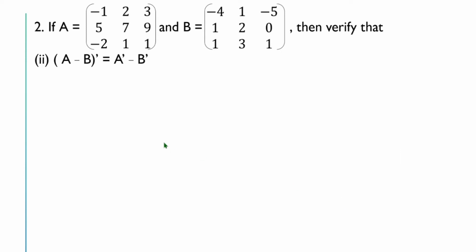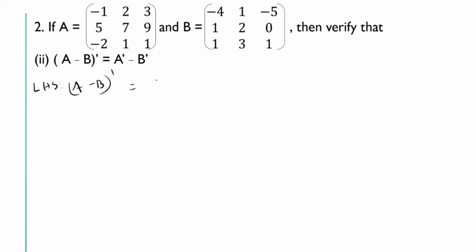The next question, for the same matrices A and B, we have to verify that A minus B the whole transpose is equal to A transpose minus B transpose. So first we will take the left hand side, A minus B the whole transpose.